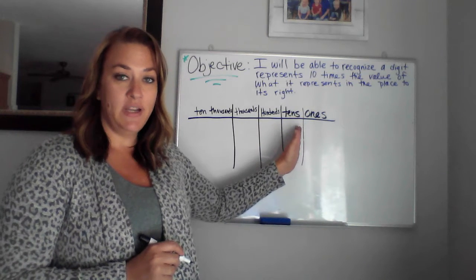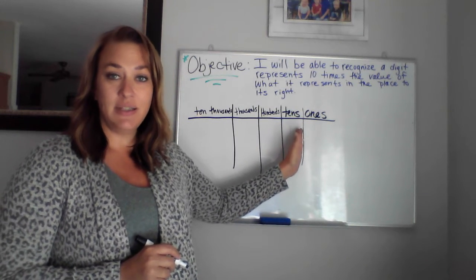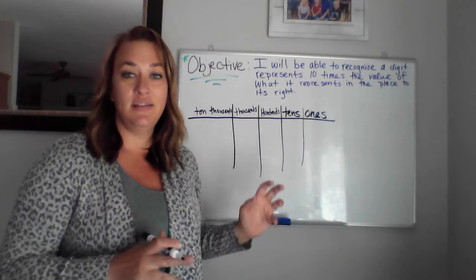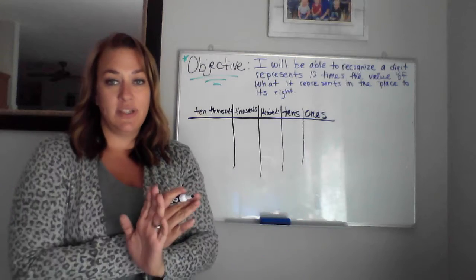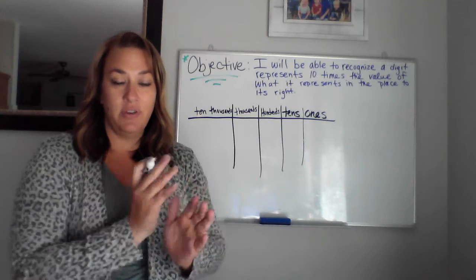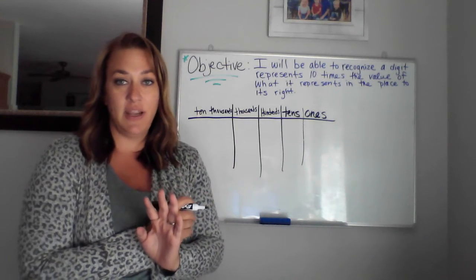By the end of this lesson, I should be able to say 110 is 10 times more than 11, and vice versa. So we're going to work on going back and forth on the place value chart today.